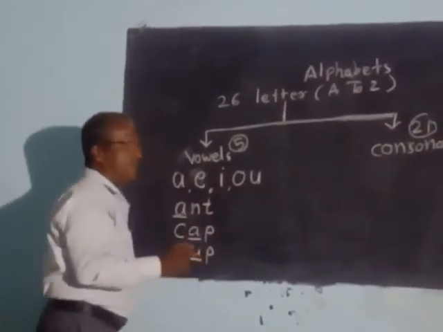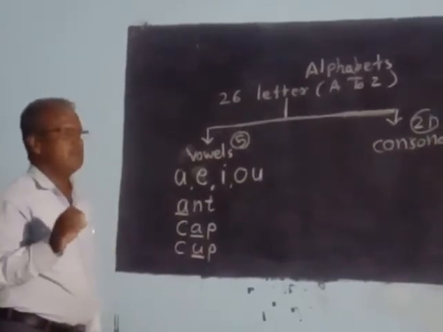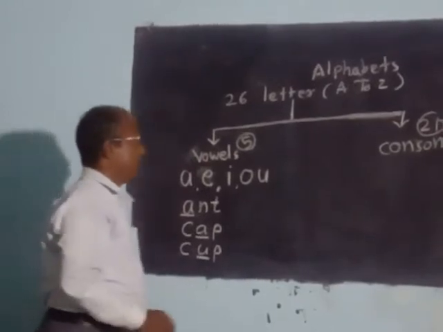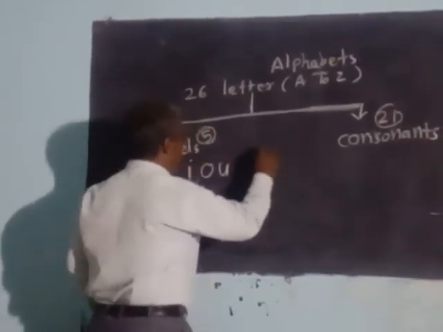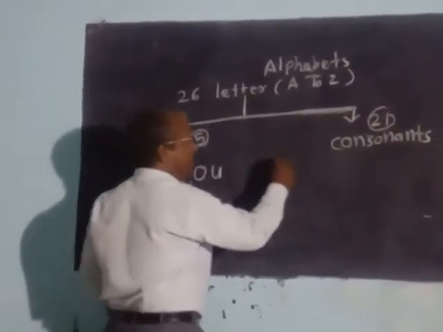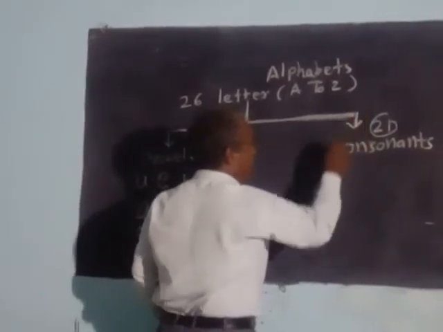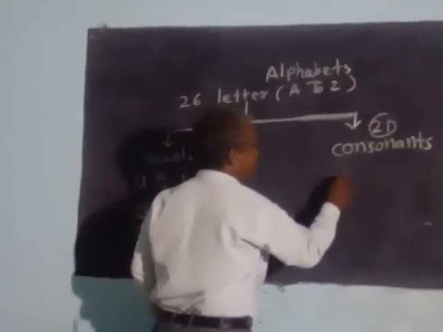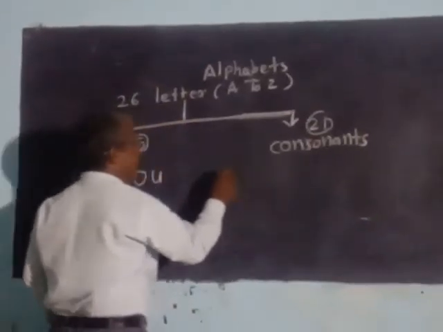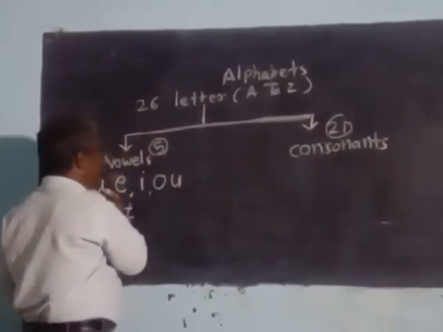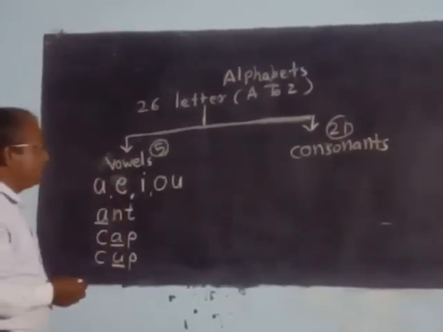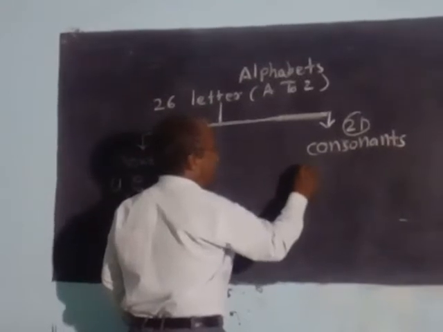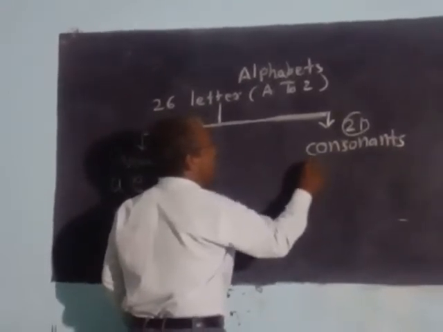Without including any vowel, no word can be made. In this way, the second part of the letters is consonants. Leaving A, E, I, O, U, the remaining 21 letters are called consonants.